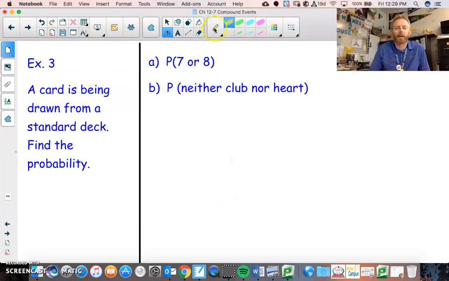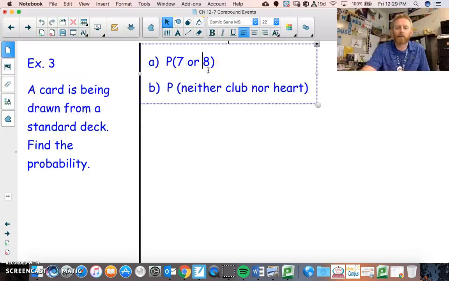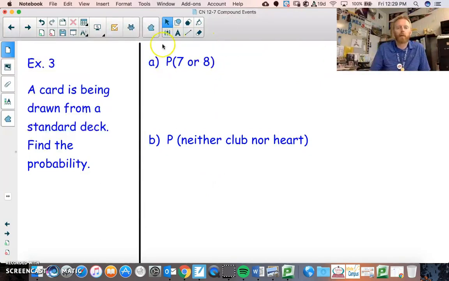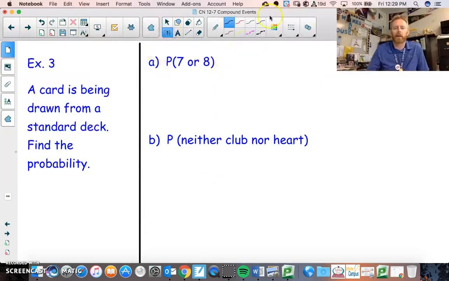In a deck of cards, getting a 7 or getting an 8. I'm going to give myself again space to work. All right. So the probability of you getting a 7 from a deck of cards. Now everybody probably knows that there's 52 cards in a deck of cards. But did you know that there's 4 7s? And did you also know that there's 4 8s out of that 52?